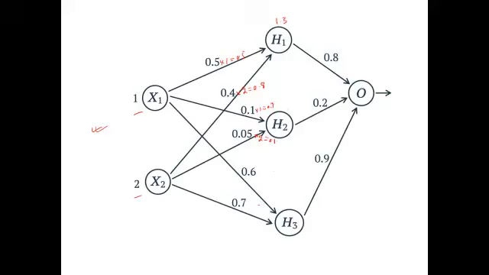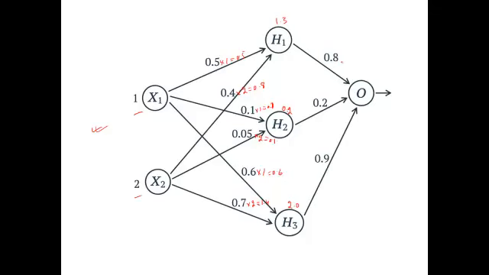Now this 0.1 plus this 0.1, we will get 0.2 here. Similarly, this one will be multiplied by 0.6 to get 0.6, and this 2 will be multiplied by this 0.7 to get 1.4, and 0.6 plus 1.4, we will get 2.0 here.